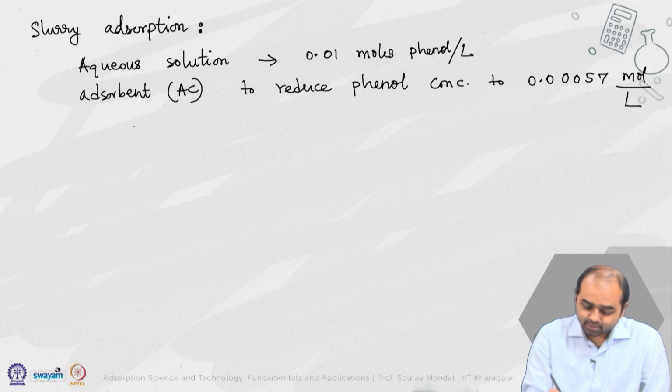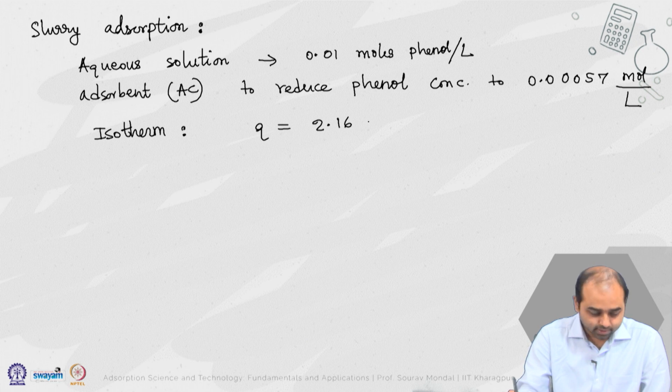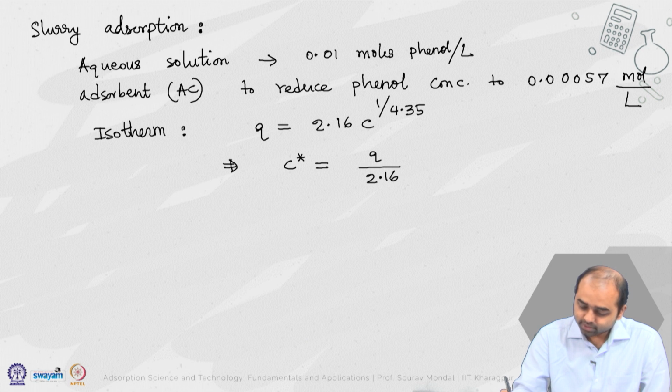In this case, the Freundlich isotherm relation is nonlinear in type. That is related as q is equal to 2.16 c to the power 1 by 4.35. So if you rearrange in terms of c or c star, one can write this as c star equals q by 2.16 to the power 4.35.